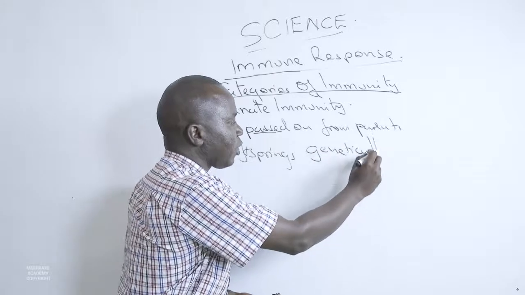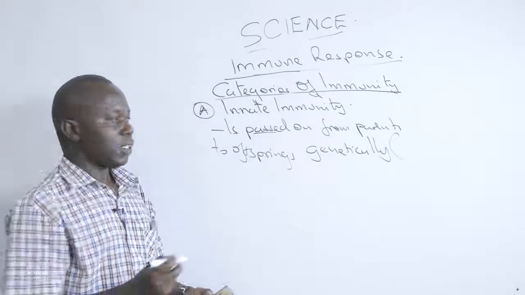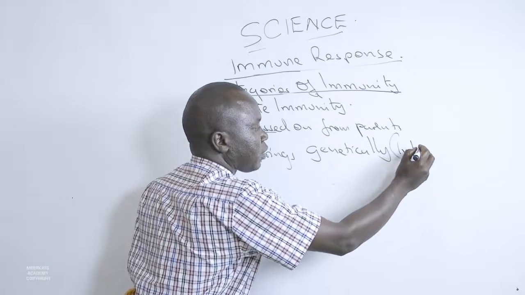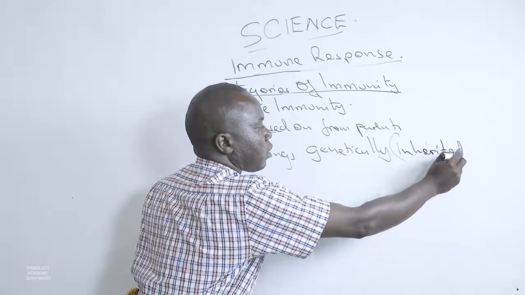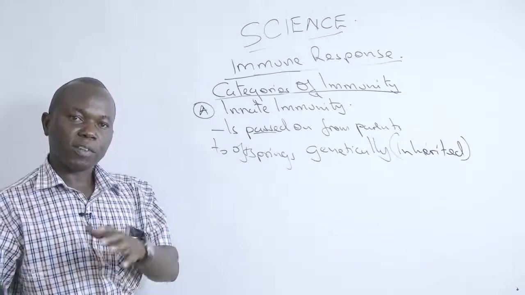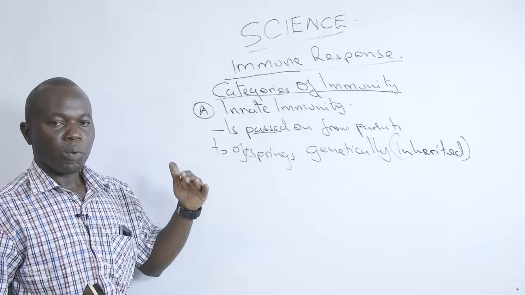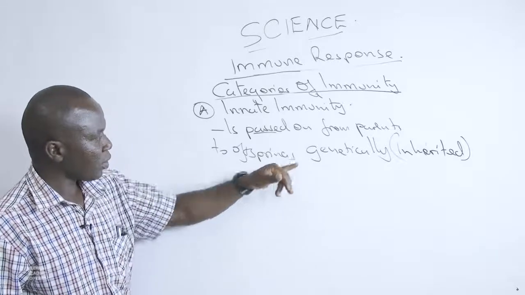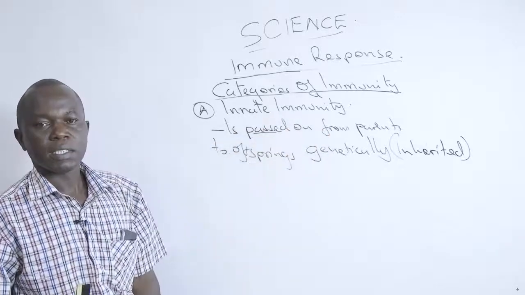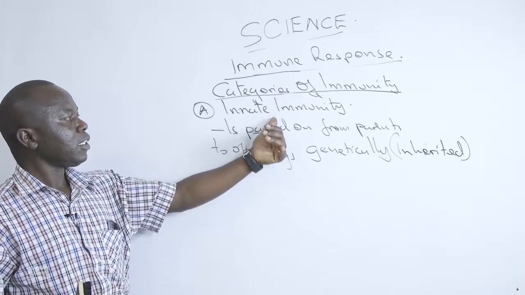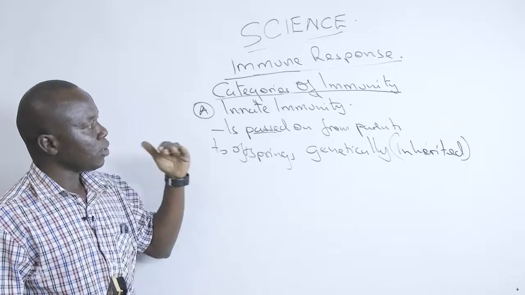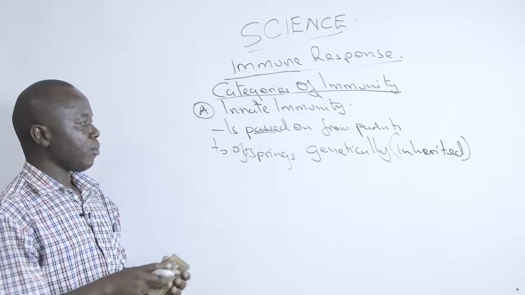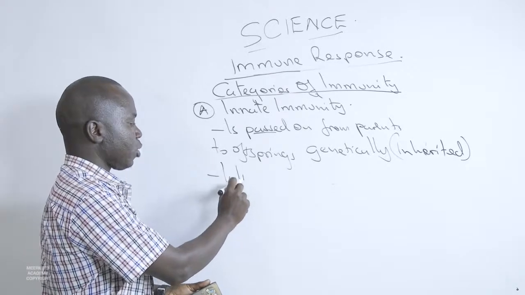So in other words, it is inherited. You realize that some people suffer from some kinds of diseases, while others do not because they have an innate immunity. And this is the most important, the most dominant immunity in the body of human beings.